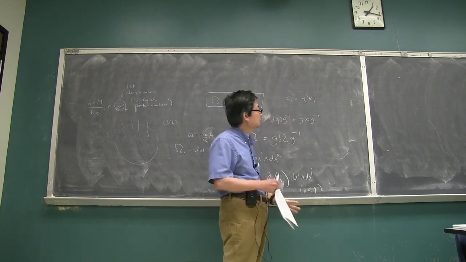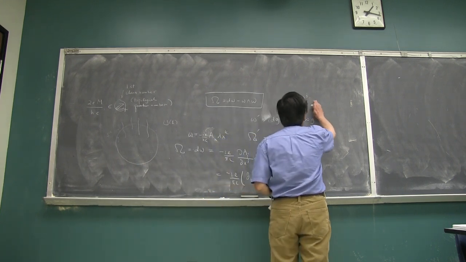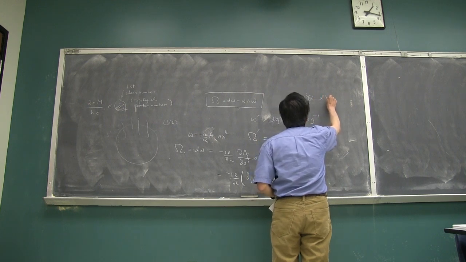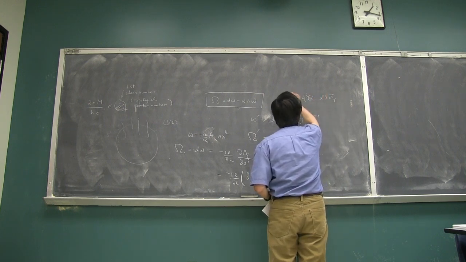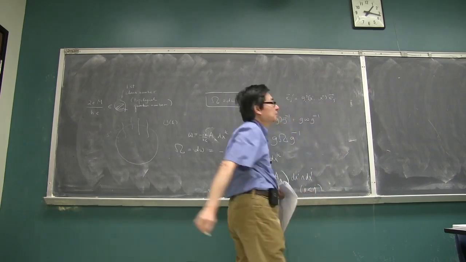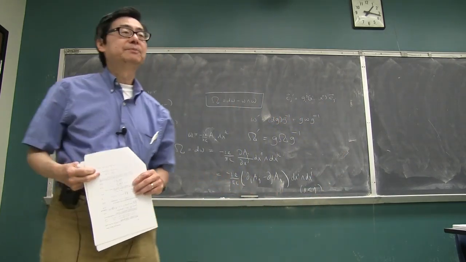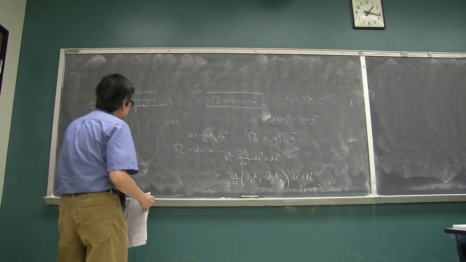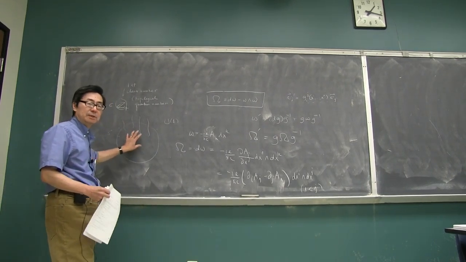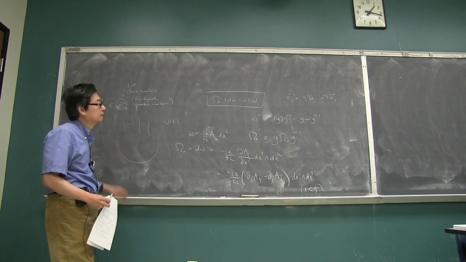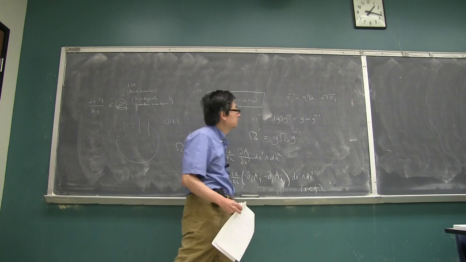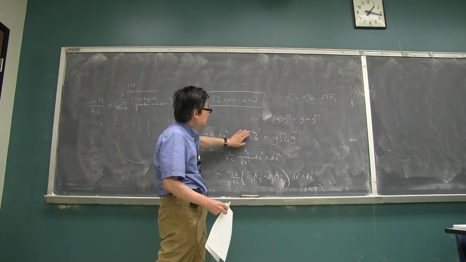In other words, in general, you have something like this. The transformation depends on the position, okay? The x's are just the local coordinates of the base manifold, all right? So if you undergo a local change of gauge, both of these guys will change.